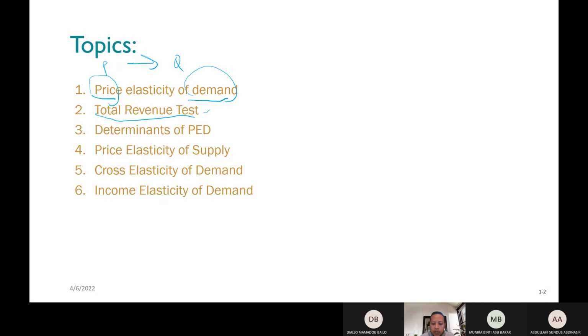For example, if you are selling pizza, and currently you are selling at 10 ringgit per slice, then you are thinking of increasing the price in order to cover the cost of the pizza.